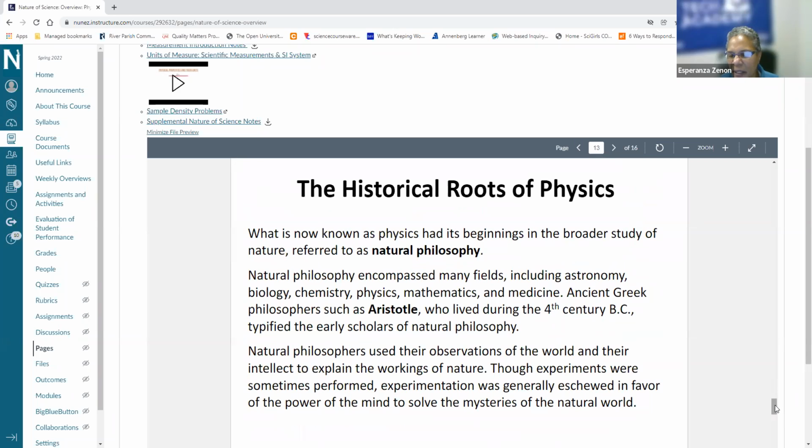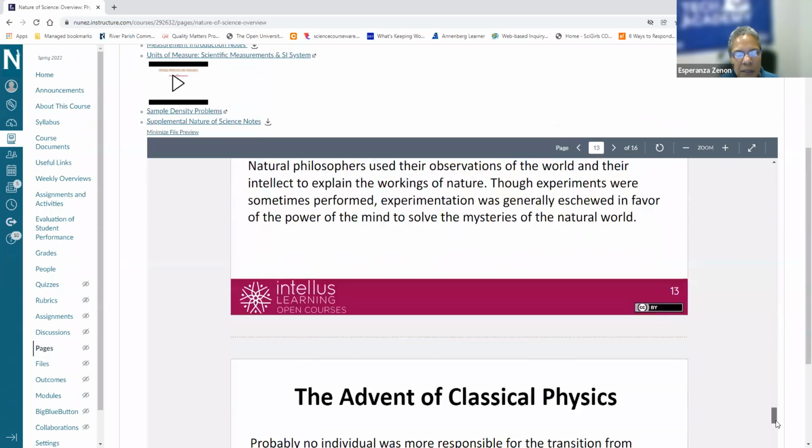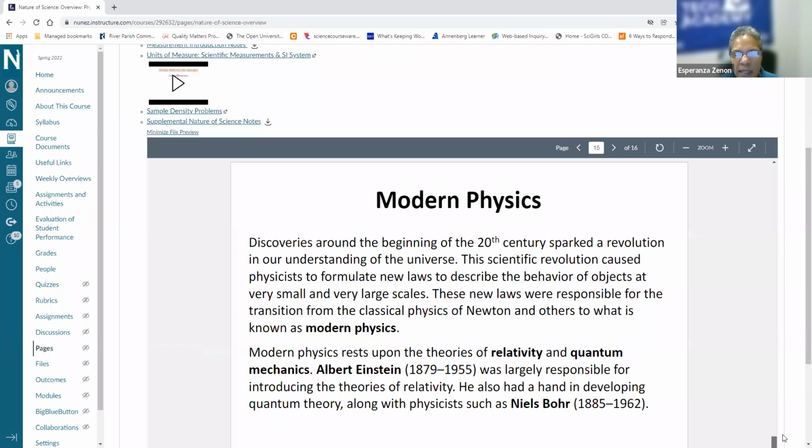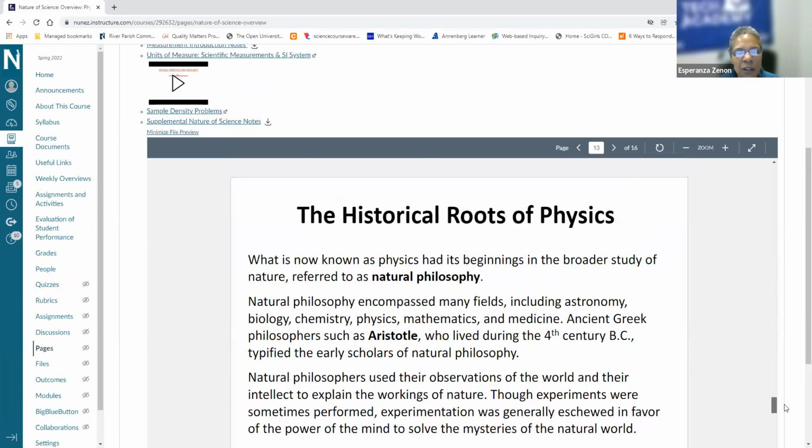And then the last few pages of this talk about the historical roots of physics and so on and so forth. You can read that stuff. They mention the early scientists like Aristotle, who started to bridge the gap between philosophy and science as we know it.